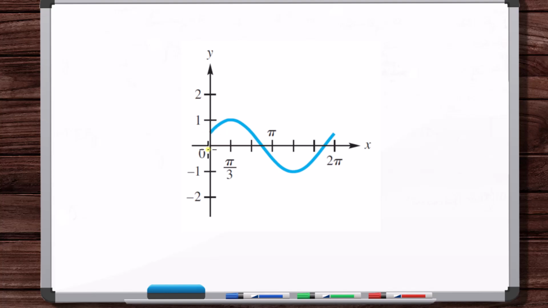The curve doesn't start at 0 and go up, and also at x equals 0, it's not starting at a peak point. So it looks like we're going to have to do a shift here with a sinusoid. And so what we can do is think about cosine, which would start here, right? We can shift a cosine curve to the right, pi over 3.